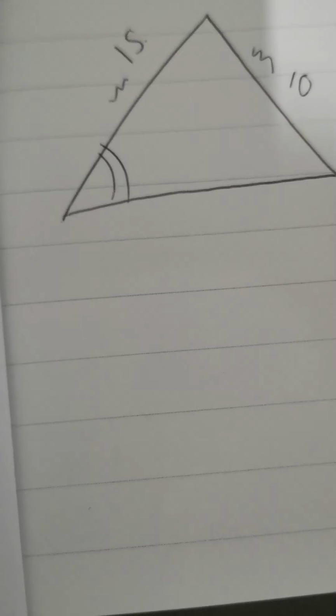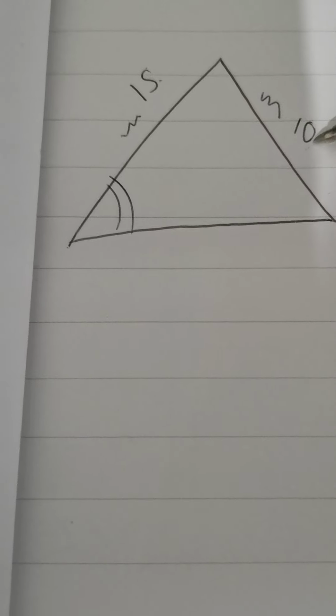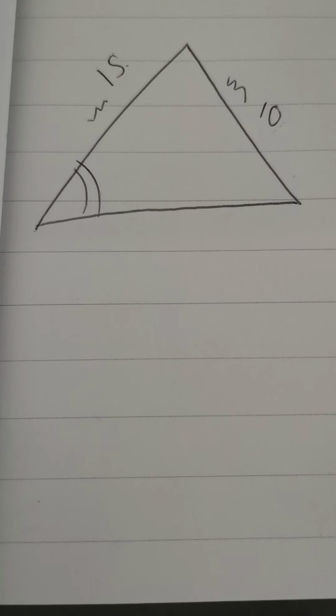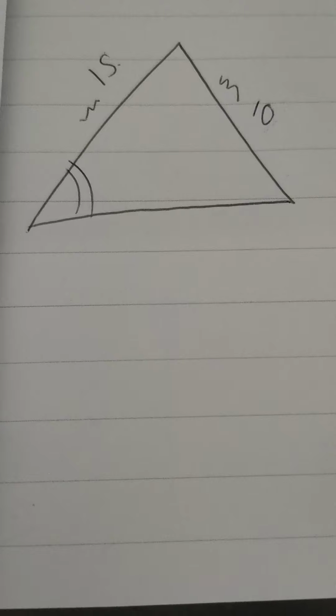I've given you this side here and this side here, and information about this angle. Let's say this is 15 and this is 10. If the side opposite the angle is smaller than the other given side, then two triangles actually exist. That's what you need to know about this.